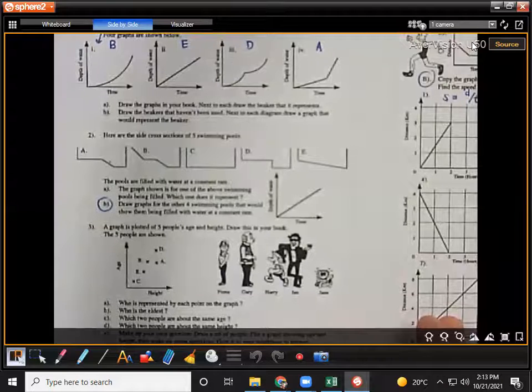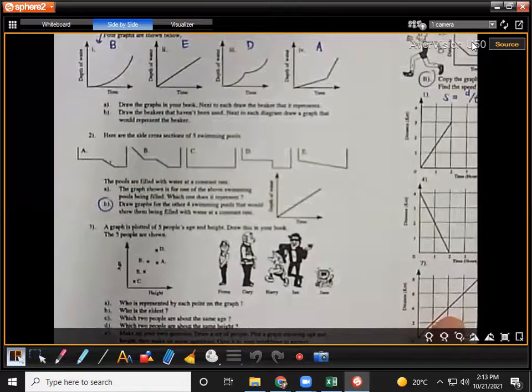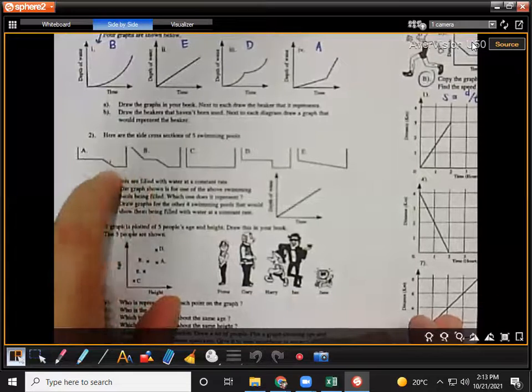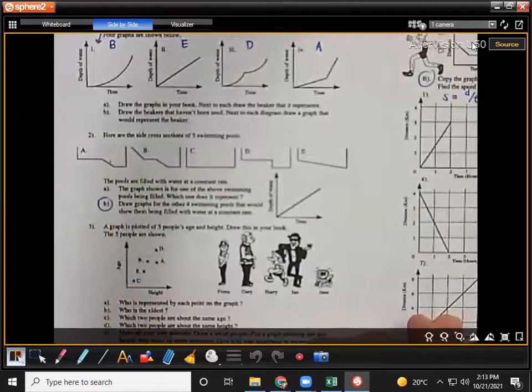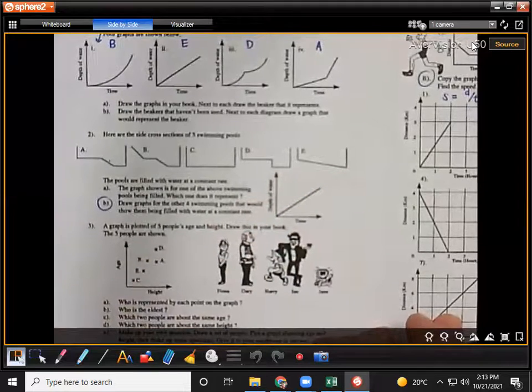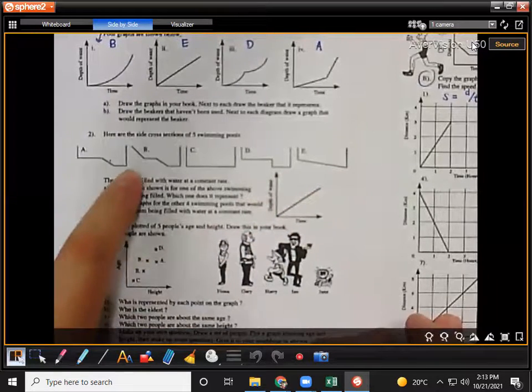Okay, so let's talk about the curved under. Remember when we curve under, we're saying that we have a gradual, a slow increase at the beginning. Could that possibly work? Let's just think here, guys. If we're filling up this pool, what's going to happen at the beginning? Is it going to have a sharp increase? Because for E, because it's just kind of like that point, it's going to increase very quickly right at the beginning. Okay, what about here?